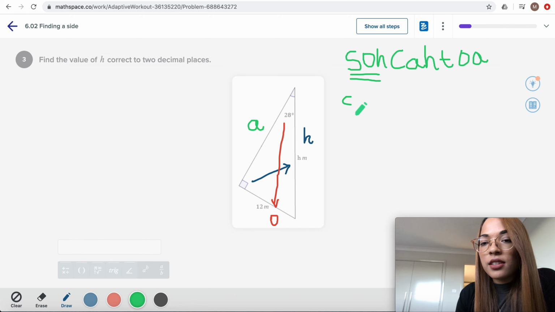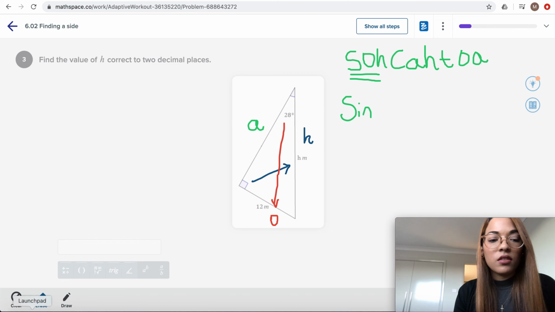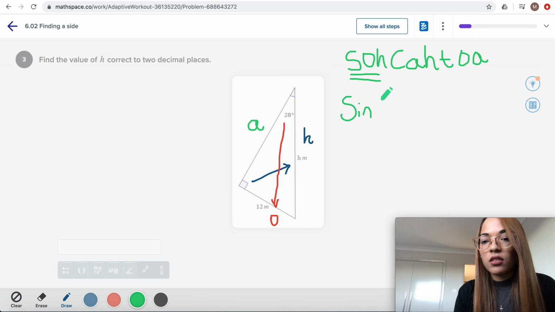Now I will write sine theta. Again, this is taking me a little while, I'm sorry. Okay, let's try this time.